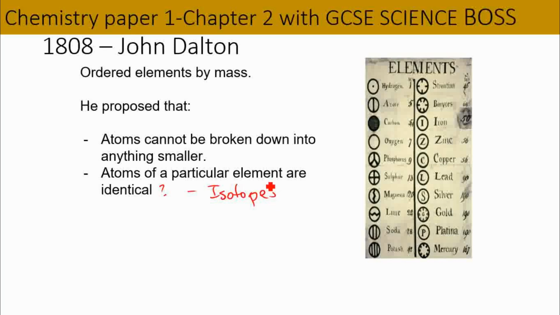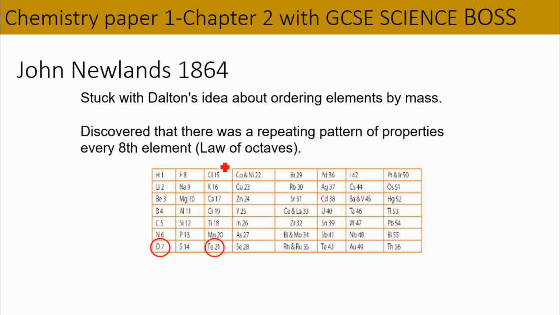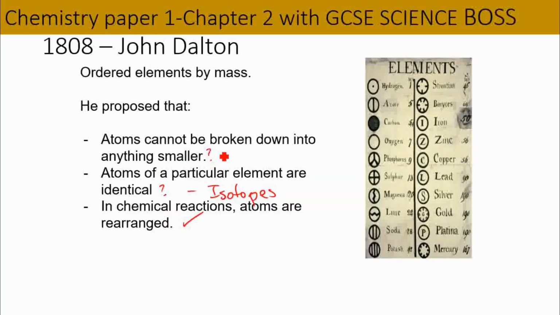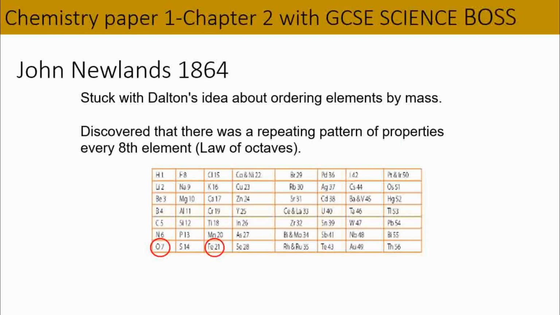Go back to the chapter 1 video if you don't know what isotopes are. Also, he said that in chemical reactions the atoms are rearranged. Okay, and we definitely agree with that. All right, good. But we did not agree with the first one because you had protons, neutrons, and electrons. Okay, too easy.